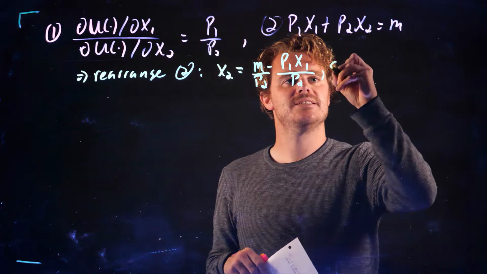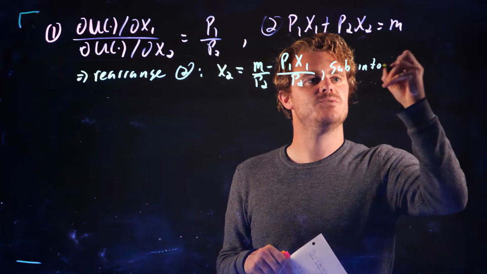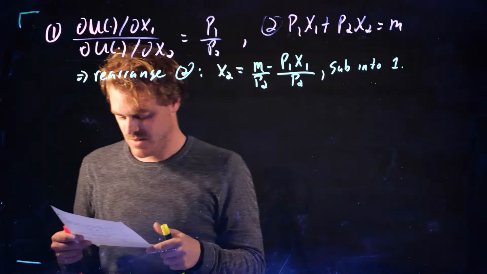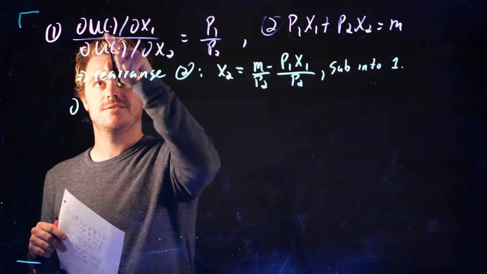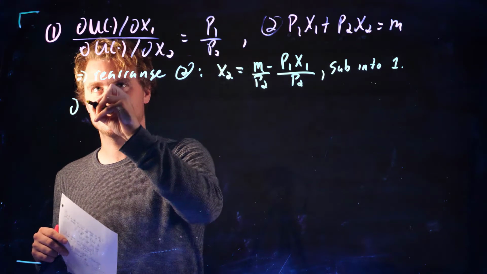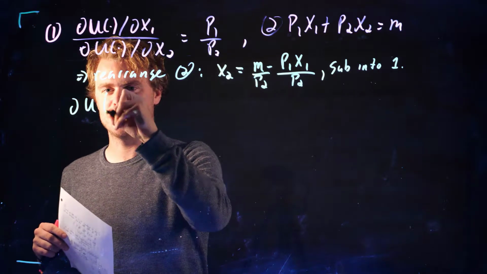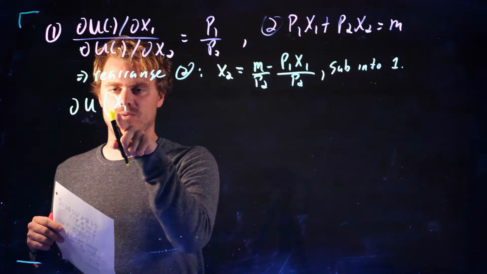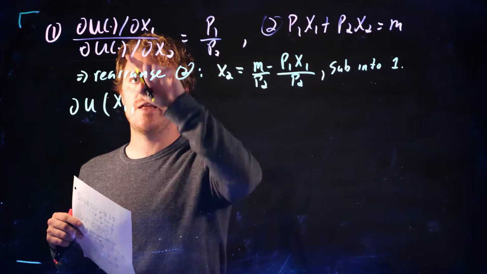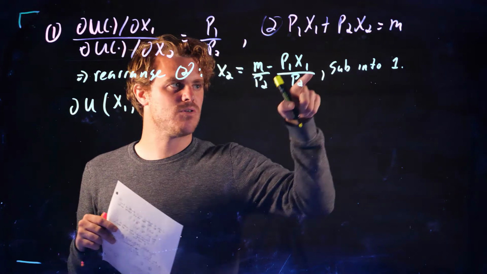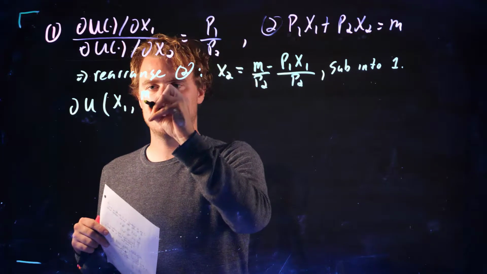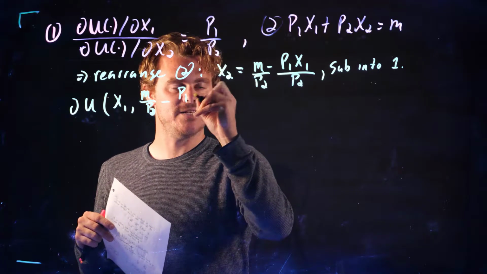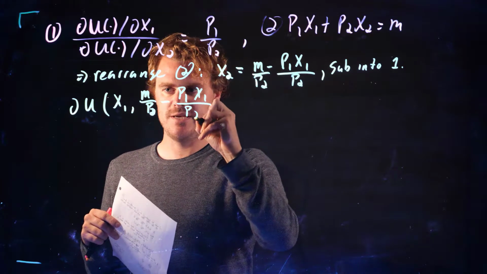What we want to do is substitute this into equation 1. I'm going to write it out again. The partial derivative of u, a function of x1, and then instead of x2 in these brackets, we write this whole expression: m over P2 minus P1 x1 over P2.